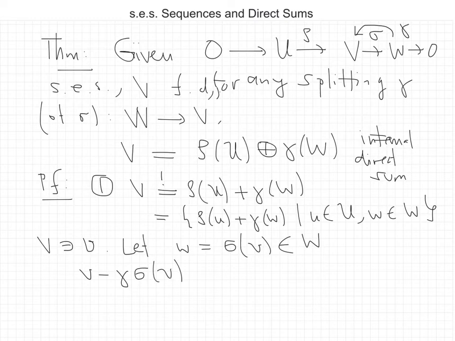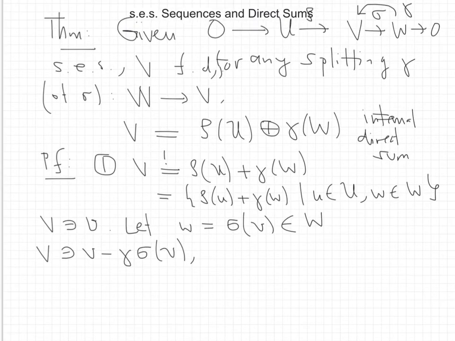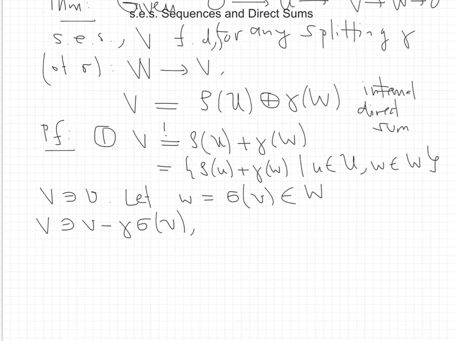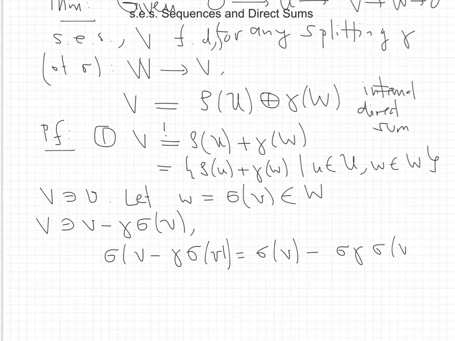This is again now a vector in V. Now the funny thing is, if I apply sigma to this vector, so let's do that. If I calculate sigma of v minus gamma sigma of v, remember sigma is linear, then this becomes sigma of v minus sigma gamma sigma of v.